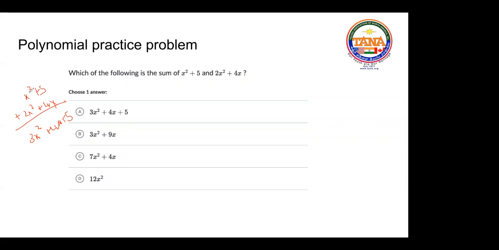And you don't even really need to write all of this. You combine like terms, x squared and 2x squared, and then you have your plus 4x, and there's nothing else to combine it with. You just leave it there, and the plus 5. So you would have 3x squared plus 4x plus 5, which is A. All right. Any questions? No?